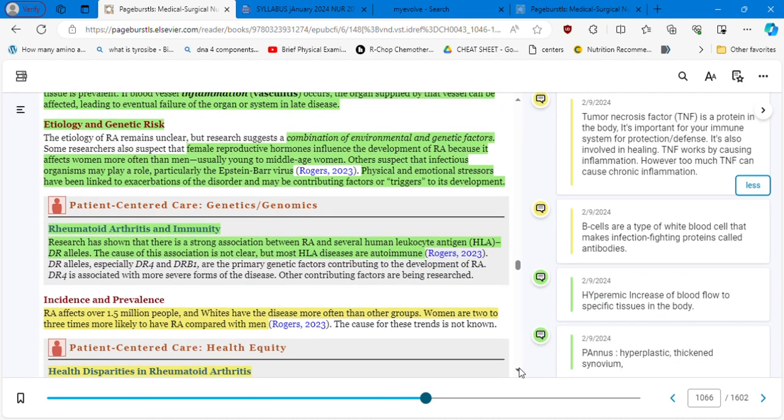Etiology: a combination of environmental and genetic factors. Female reproductive hormones influence the development of RA. We are going to call it that way from now on, rheumatoid arthritis, RA, because it affects women more often than men, usually young to middle-aged women.